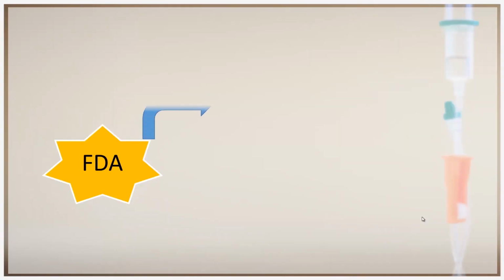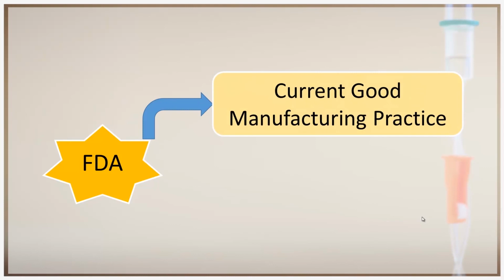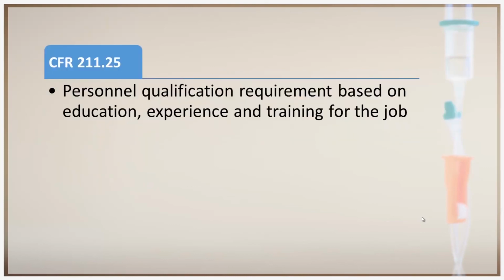So FDA provides certain guidelines for current good manufacturing practices for finished pharmaceuticals under CFR, that is Code of Federal Regulations, section 211 and its subsections for detailed requirements.